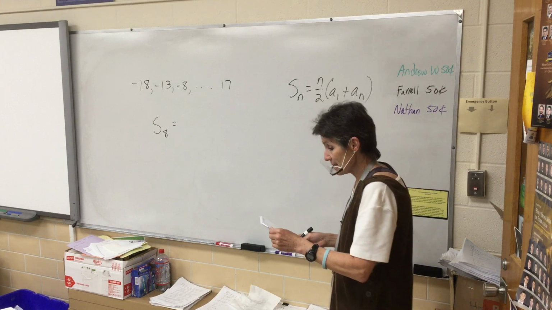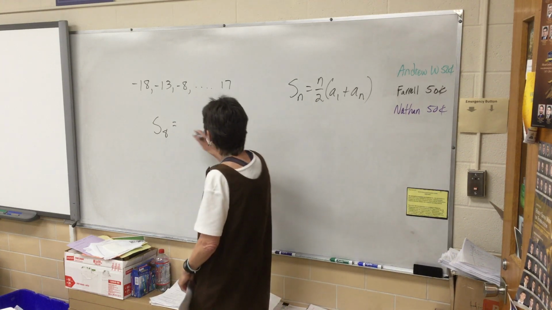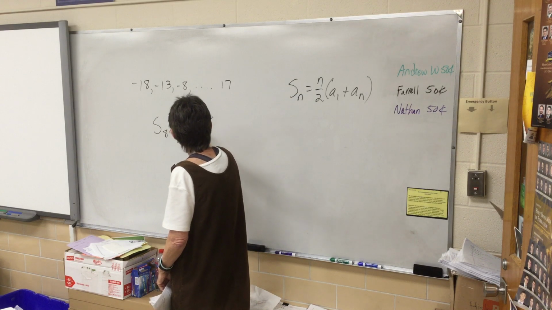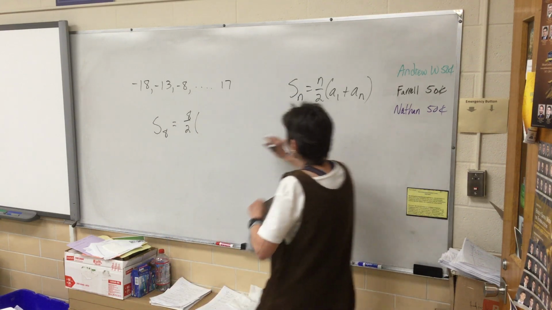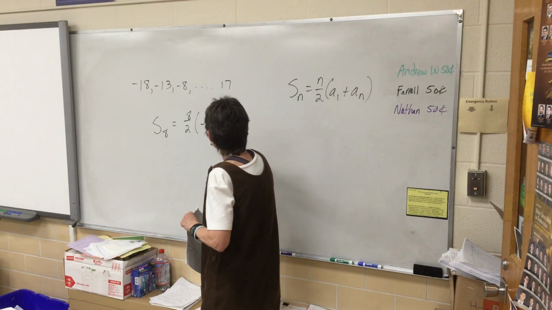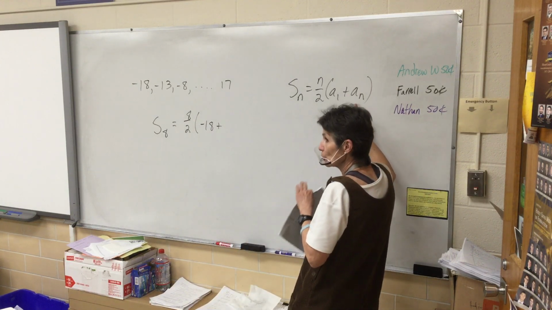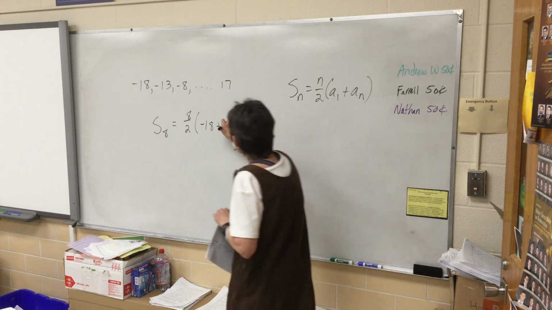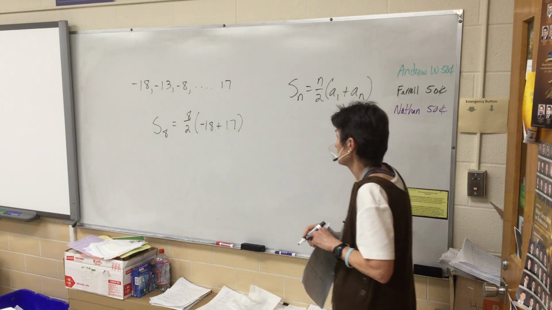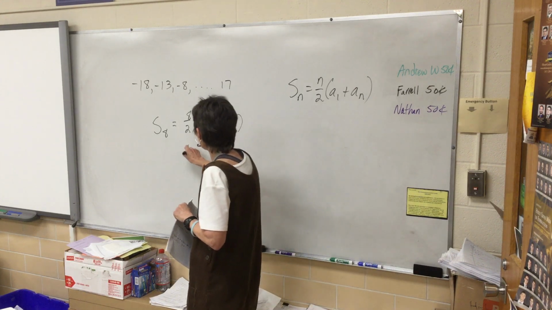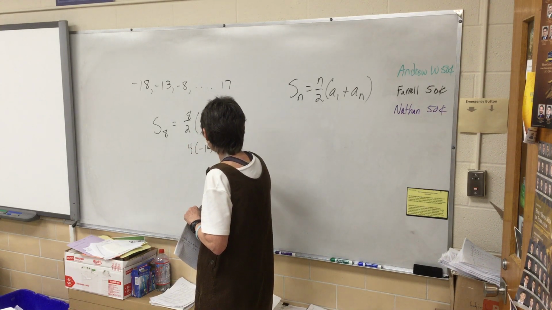So the sum of 8 terms, according to my formula, will be 8 over 2. This is the first term, which is negative 18. This is the last term, 17. So that's 4 times negative 1. I think that's just negative 4.